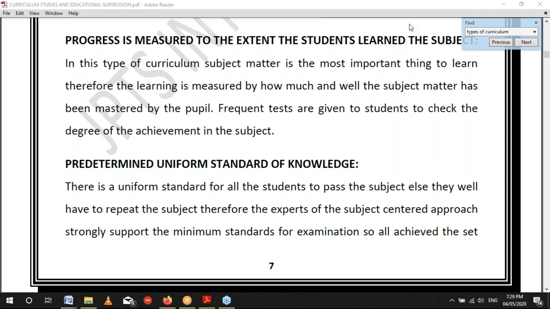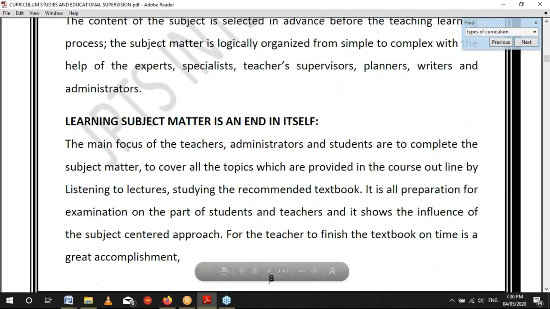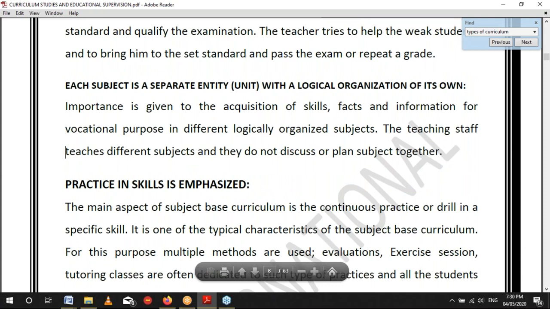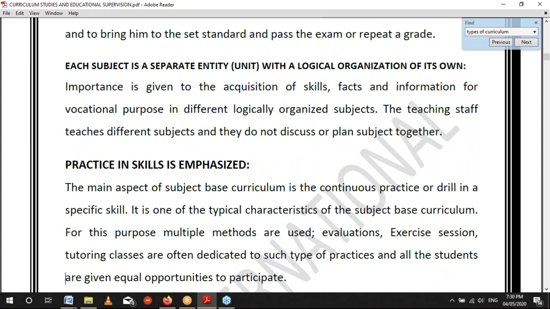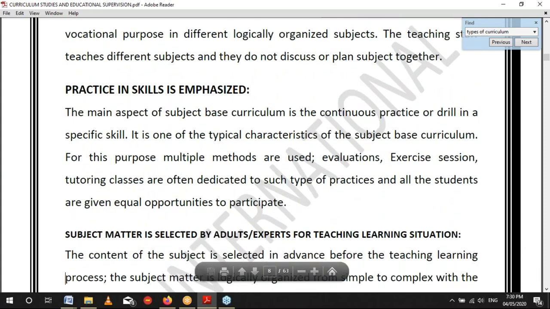Just like this one I'm doing, the content I have to teach is already with me. I sit down and plan what I want to teach and carry out the teaching in the classroom. So the subject is selected by experts for the teaching and learning situation.